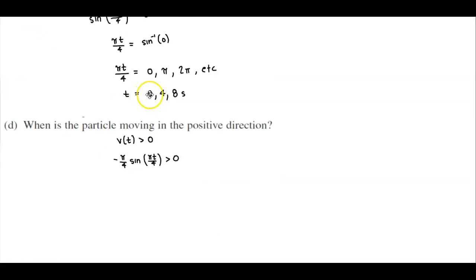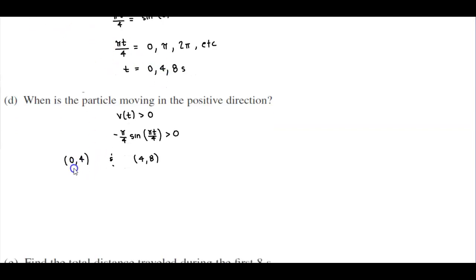So using these numbers, we can look at these as intervals. We have an interval from 0 to 4, and then we also have an interval from 4 to 8, according to what we got here.